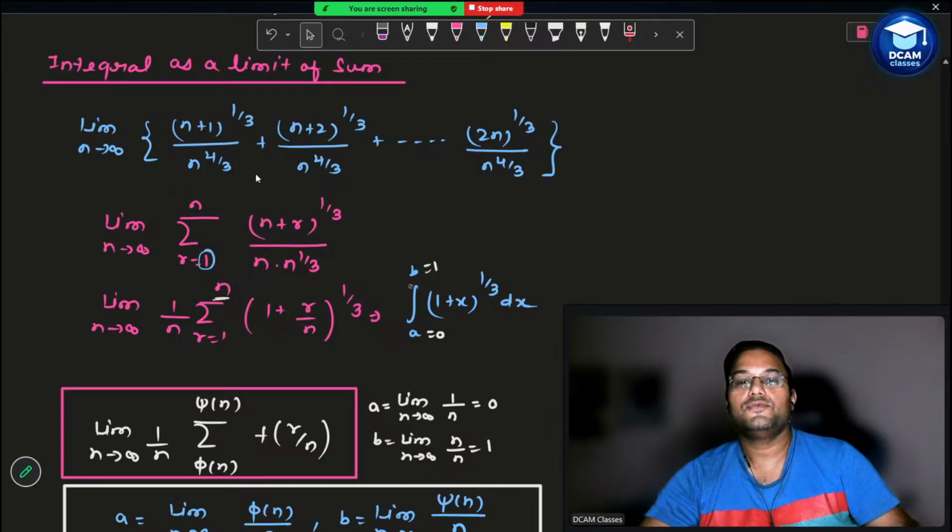See, let me tell you again what I have done. This limit I have first written in the form of series. This series I have written in the form of sigma. Then I need to convert this sigma into the box form: limit n tends to infinity 1 by n, sigma phi of n to psi of n, f of r by n. I could do it like this: limit n tends to infinity 1 by n I have taken outside, sigma r is equal to 1 to n, 1 plus r by n whole power 1 by 3.